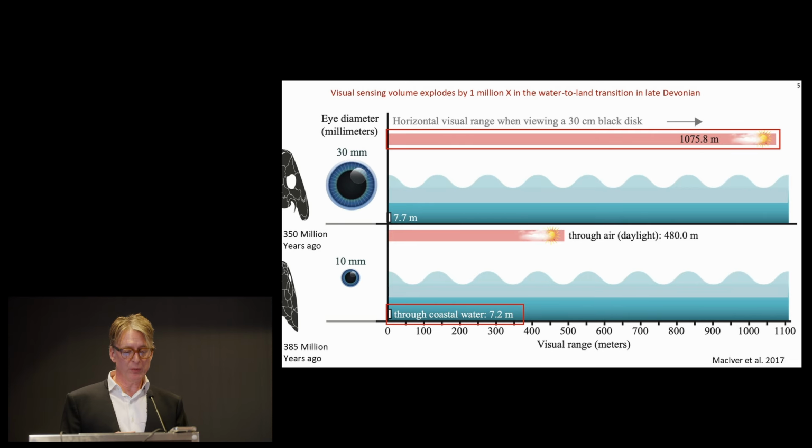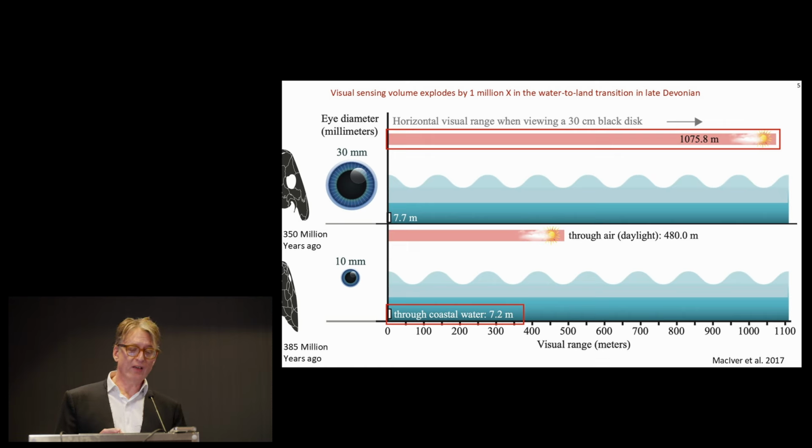Well, we did a bunch of simulations of image formation in water versus land of a 30 centimeter black disk. These were very careful simulations with full, careful optical models of water. Through a coastal water model, we get a detection distance where you can just make out the disk of 7 meters at the ancestral eye size. This is the head of Eusthenopteron that lived 385 million years ago.